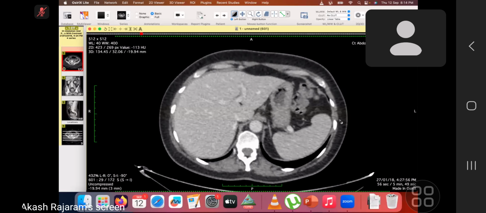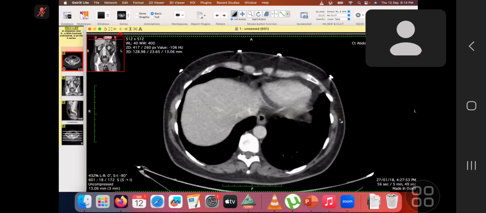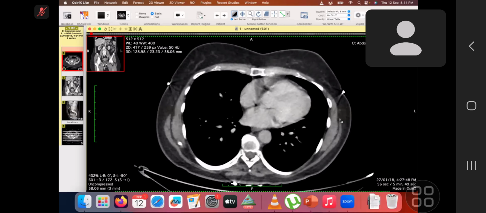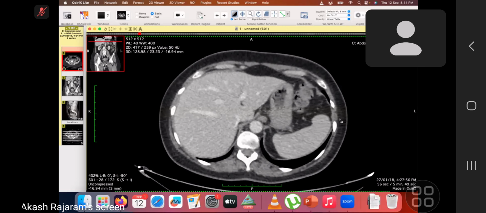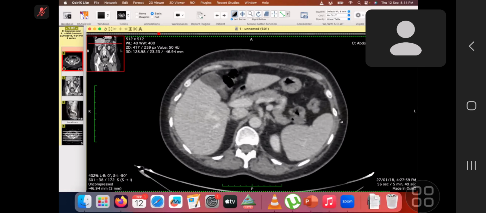I can't see any obvious abnormalities, so I will go to my checklist. There is no abnormal focal lesion in the liver or the spleen.